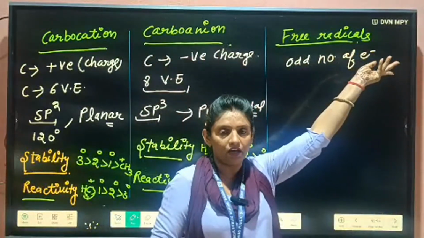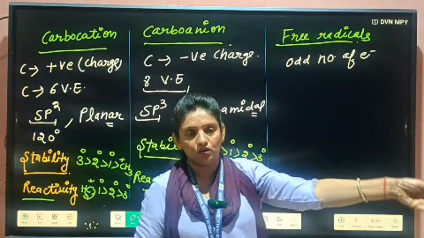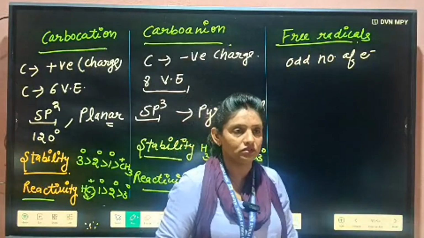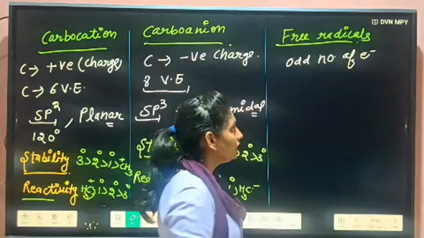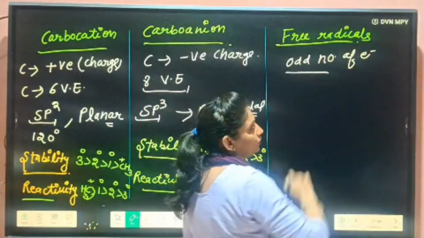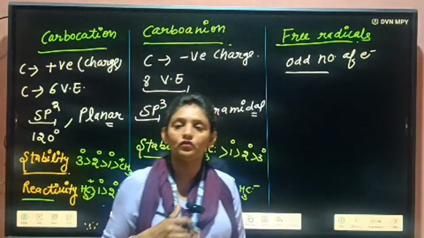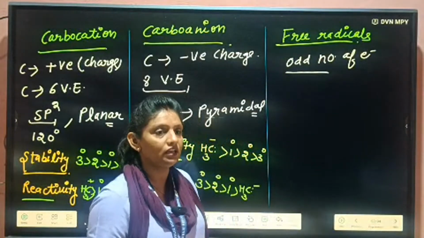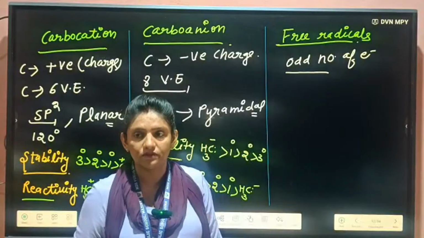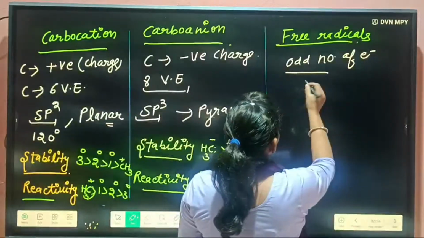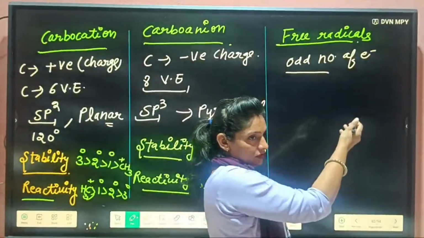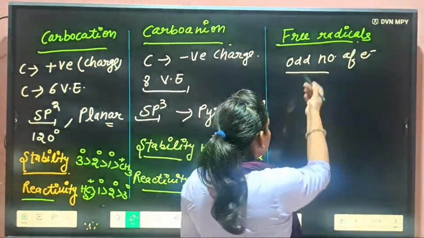Any other atom which has an unpaired electron, an odd number of electrons on it, is known as a free radical. Here we are talking about carbon only because we are discussing organic chemistry, and in organic chemistry we study hydrocarbons. Clear or not? That's why. So odd number of electrons, and how many electrons will be there? 7.